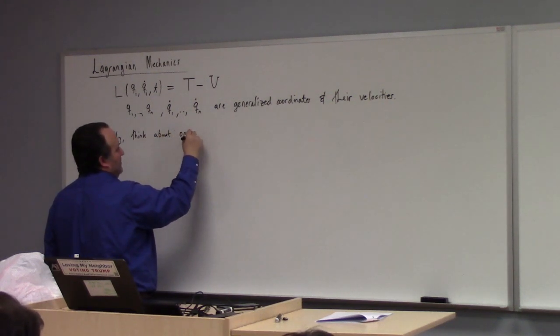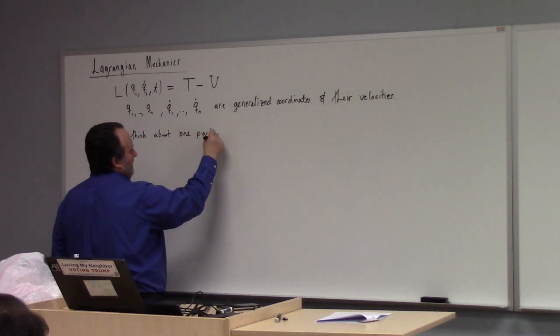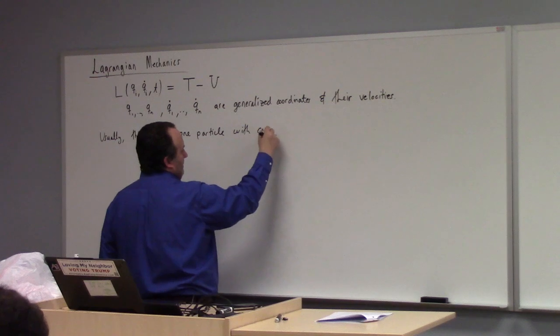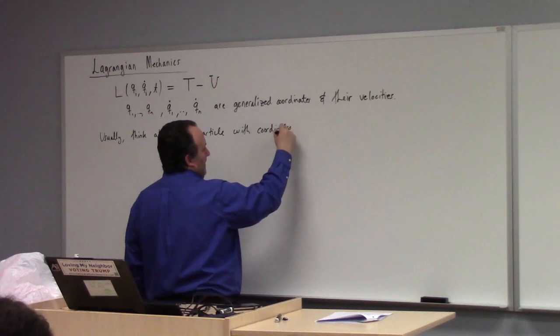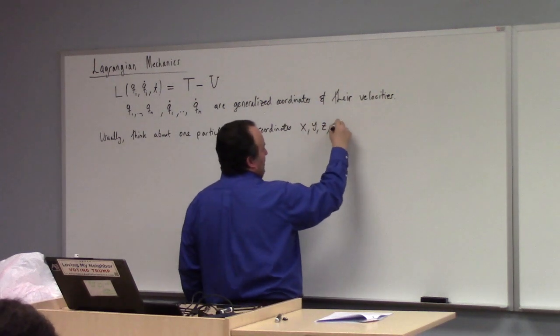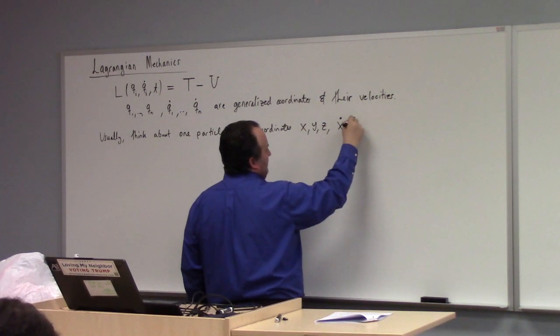Let's start with one particle, with coordinates x, y, and z, and corresponding velocities x dot, y dot, z dot, all right?